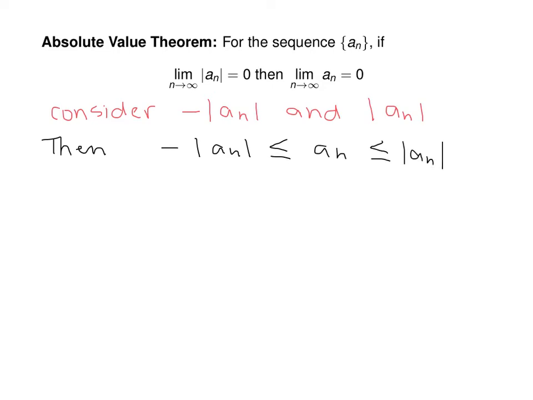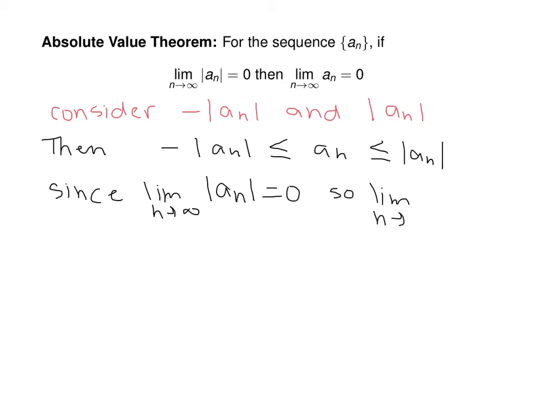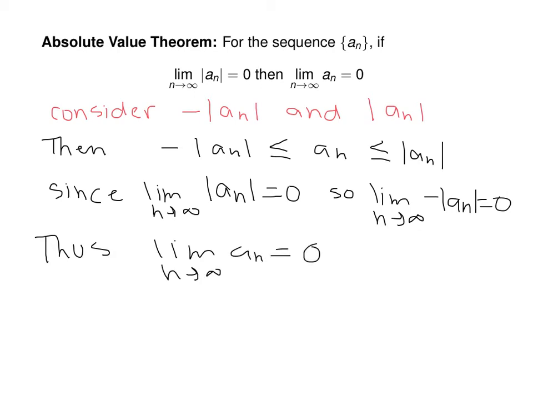And since the limit as n goes to infinity of the absolute value of a sub n is 0, so is the limit as n goes to infinity of negative absolute value a sub n. And thus you've proven that the limit as n goes to infinity of regular a sub n is also 0.